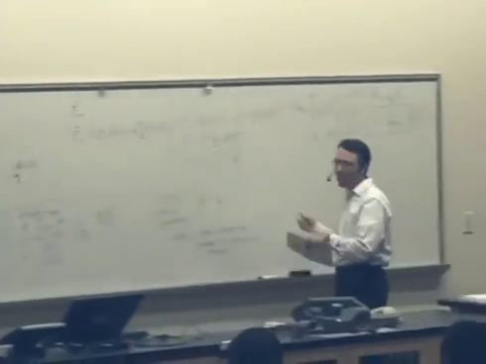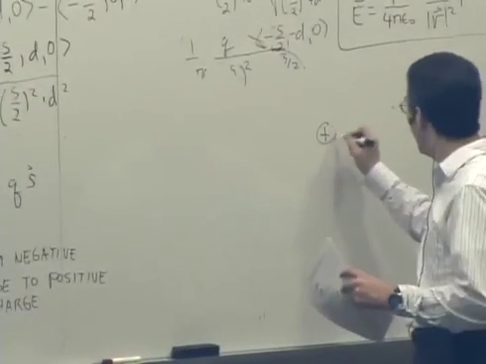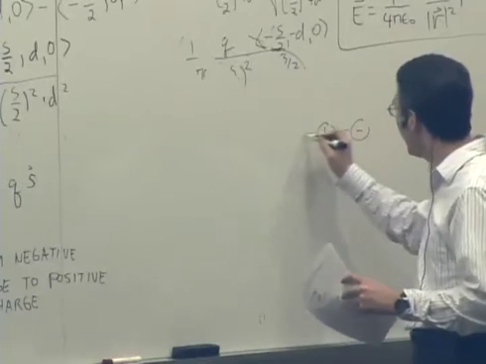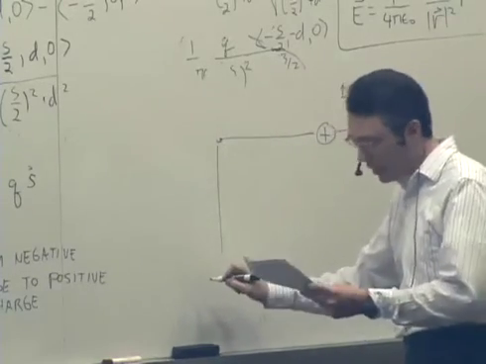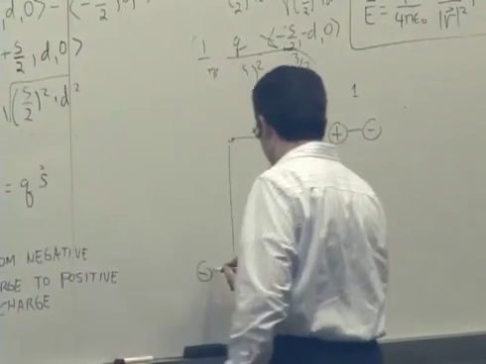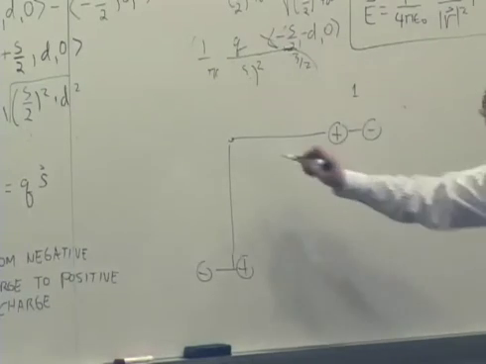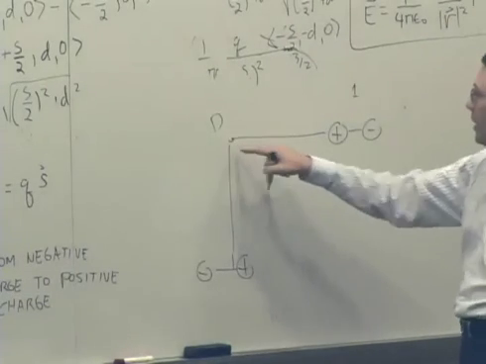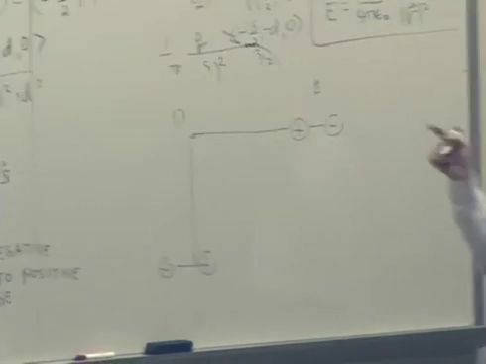So if we think about dipole number 1, let's call the one at the top here the first dipole, and the one here the second one, and that was oriented negative positive, right? So the electric field at location D, the electric field due to dipole number 1 points which way? Everybody, that way, right?